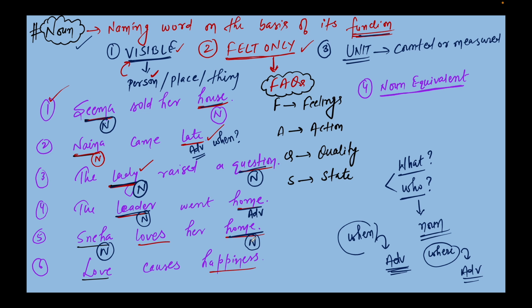Is it clear or not? Okay. Love causes happiness. What causes? It is giving the answer of what, then it will be known as a noun. And tell me, love causes what? It is also giving the answer of what, then it will be known as a noun. Is it clear or not?